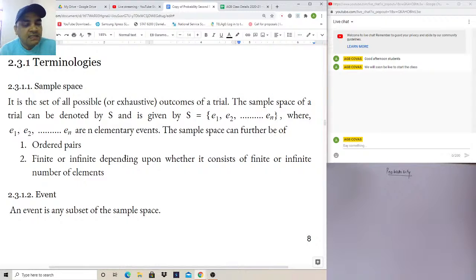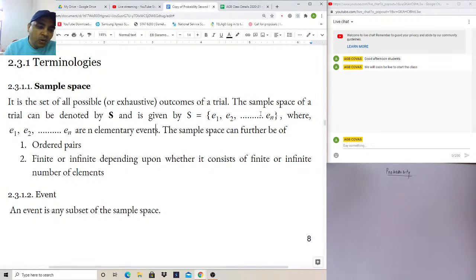First will be the sample space. What is a sample space? It is a set of all possible or exhaustive outcomes of a trial. The sample space of a trial can be denoted by S, and is given by E1, E2, ..., En, where E1, E2, ..., En are n elementary events, and these all constitute the exhaustive events.